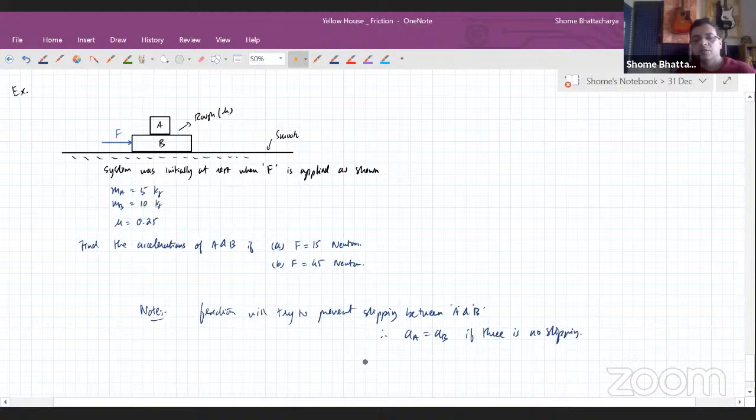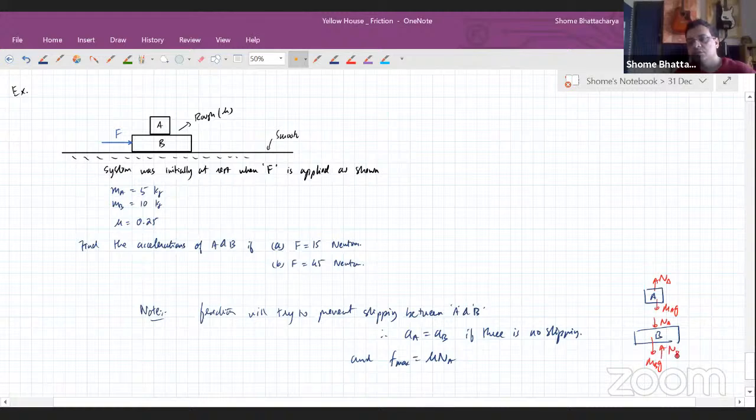Okay, but what is the maximum friction available? That is going to be equal to mu into normal reaction on A. Okay, because the surface of contact between A and B, the normal reaction at the surface of contact is equal to NA.